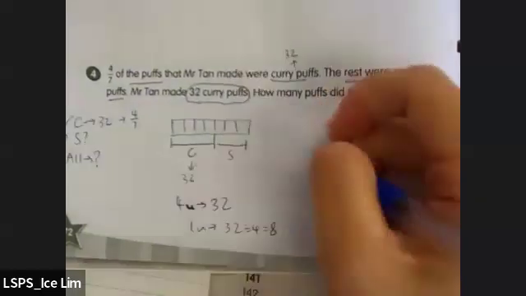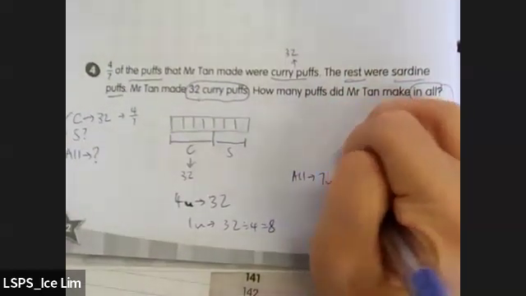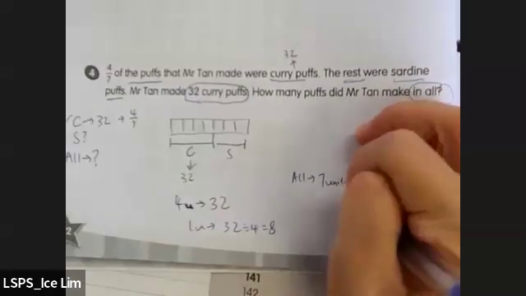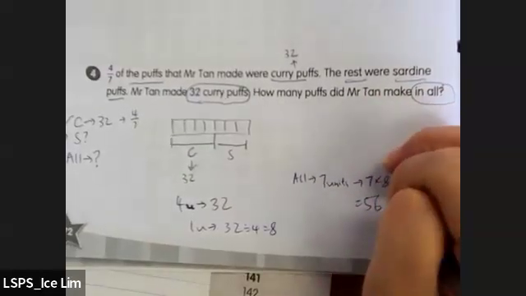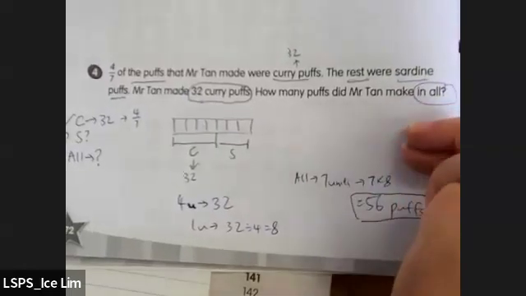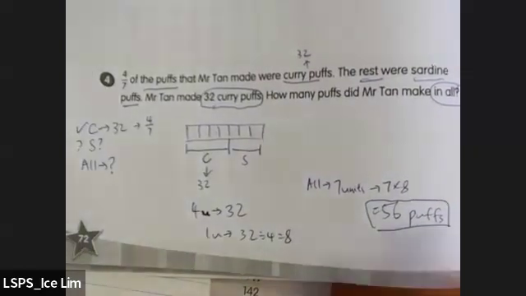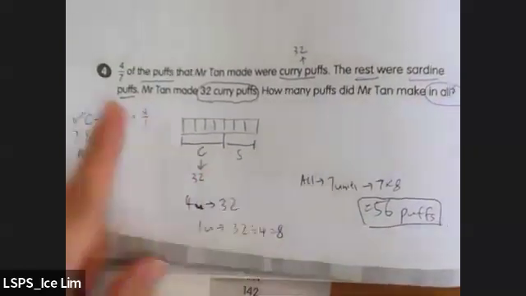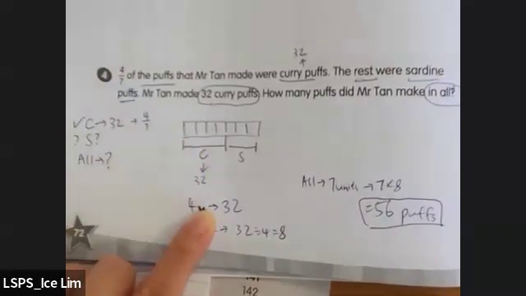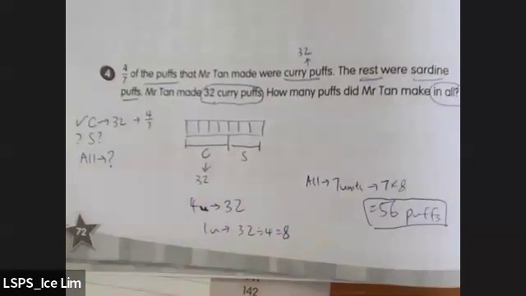So altogether, you have 7 units. So it's 7 times 8, answer is 56. He made 56 puffs altogether. So in this case, I use unitary. 4 units were curry puff, so 1 unit is 8, and the total is 56.